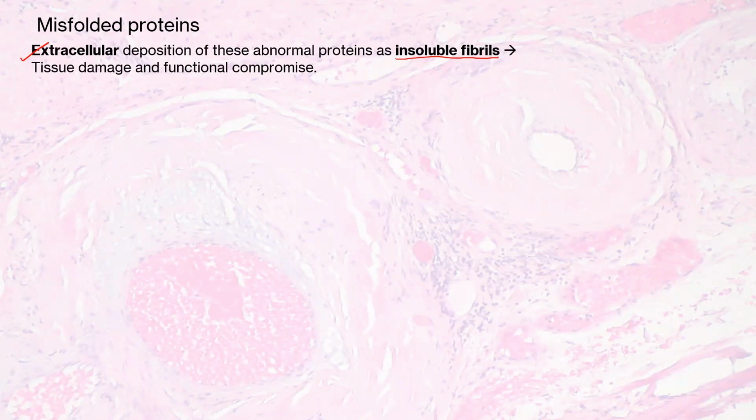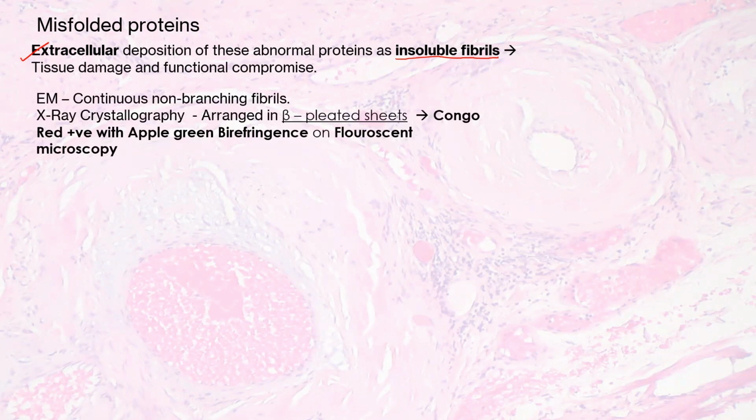These amyloid proteins have some common characteristics. This amyloid protein can be derived from any type of protein, but all of the amyloids share some common characteristics in its structure, which on electron microscopy can be seen as a continuous non-branching fibril of diameter 7 to 10 nanometers.